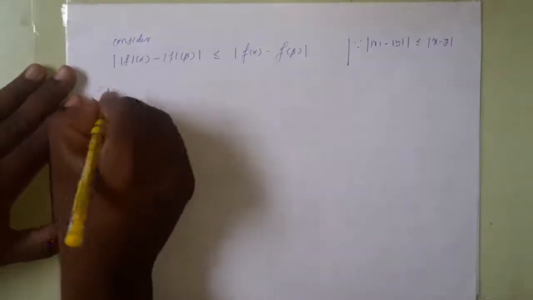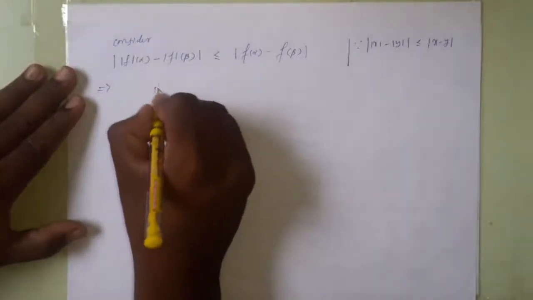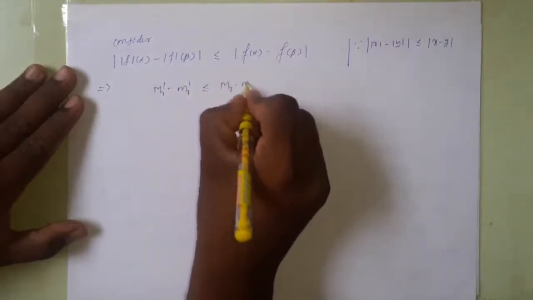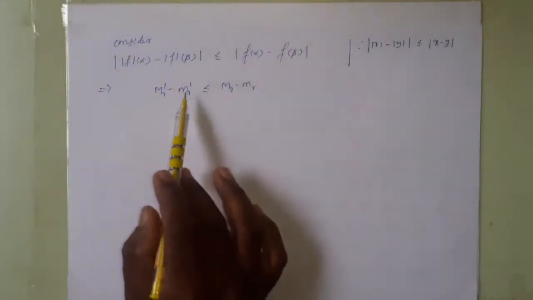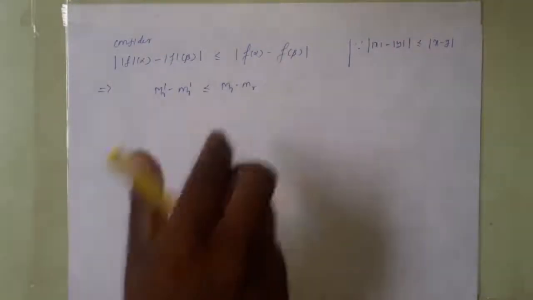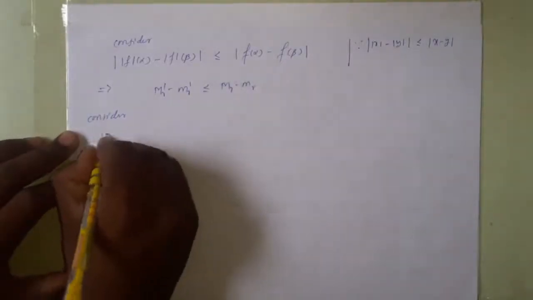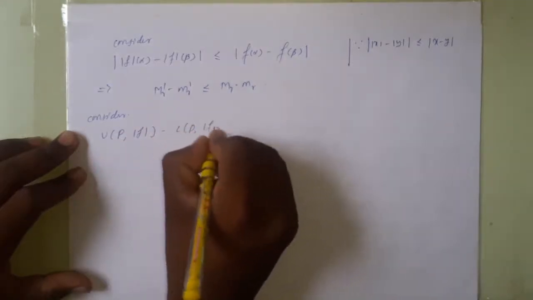So therefore, we know that M_r' minus m_r' is less than or equal to capital M_r minus small m_r, because we have considered the points alpha and beta in the rth subinterval such that |f(alpha)| is M_r' and |f(beta)| is m_r'. Similarly for f(alpha) and f(beta). So, this is the result. And now consider U(P, |f|) minus L(P, |f|).